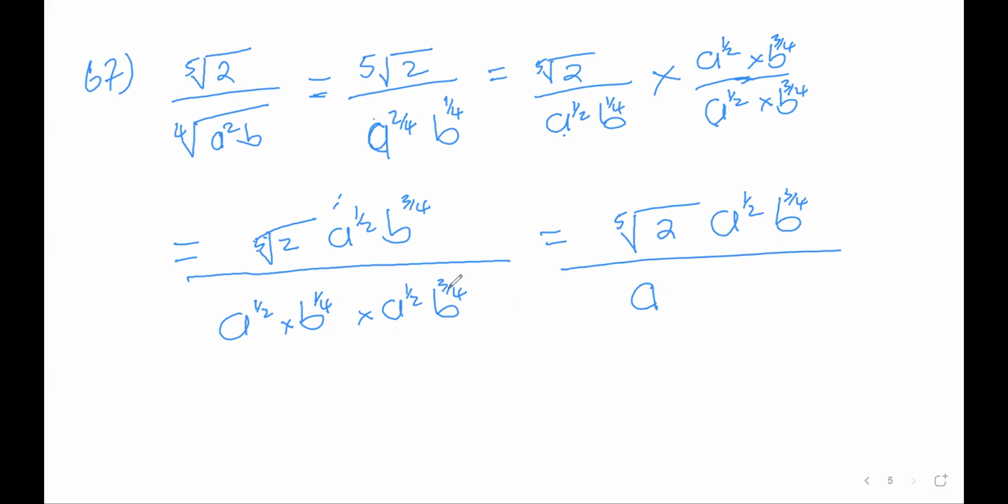By law 1 we can add up these powers to get 1 as well, which is b. And our denominator has been rationalized. So that is rationalizing denominators in a nutshell.